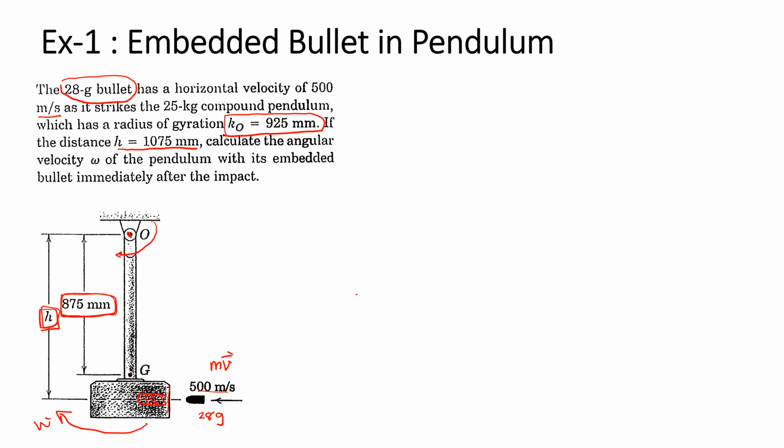The meaning here is when you need to obtain the moment of inertia about the CG, and the problem gives the mass and the radius of gyration, the moment of inertia about the CG is equal to the mass multiplied by the radius of gyration square.